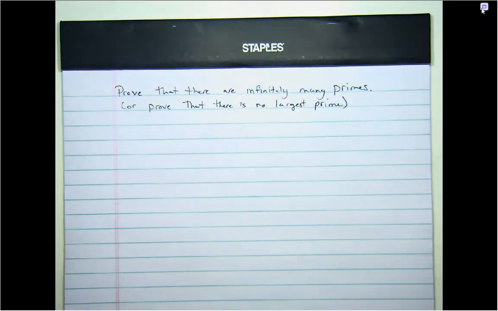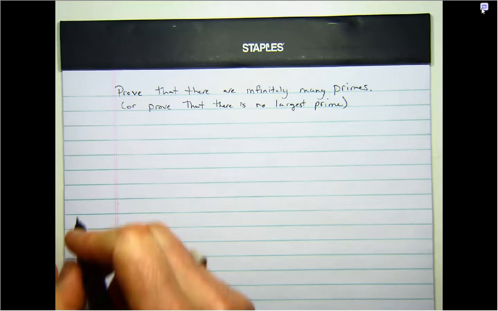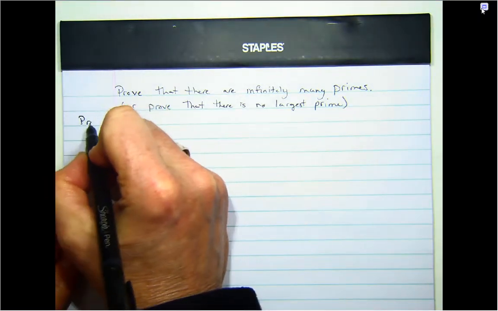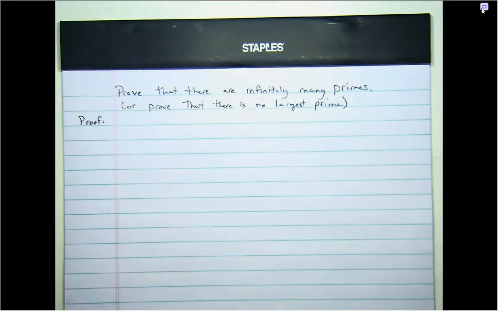Proving that there's infinitely many primes or that there's no largest prime, it's the same thing. So here's the actual proof that you would need to be able to recall, or you can write notes to yourself on your 3x5 card.